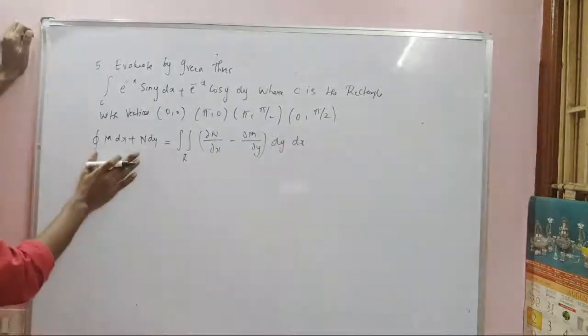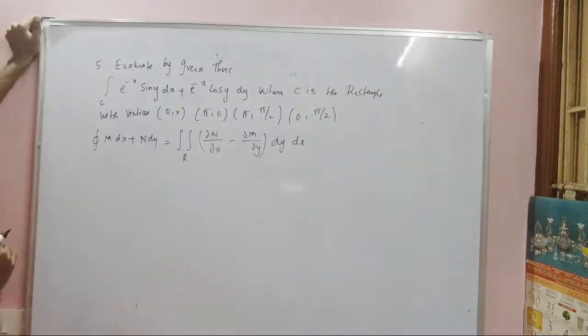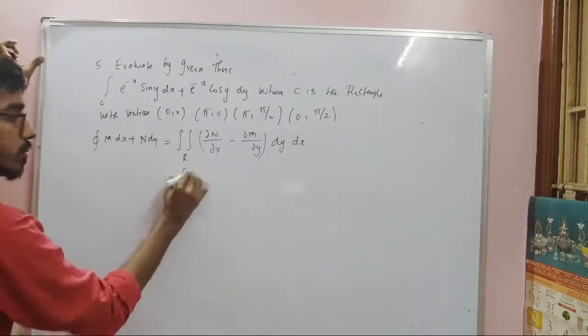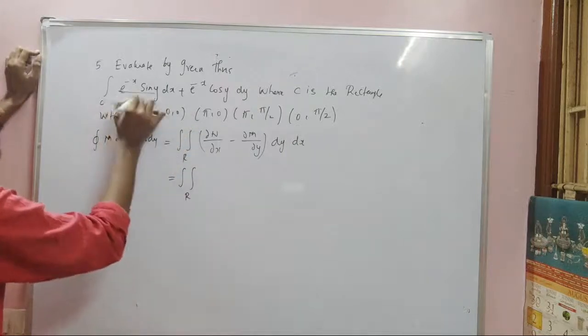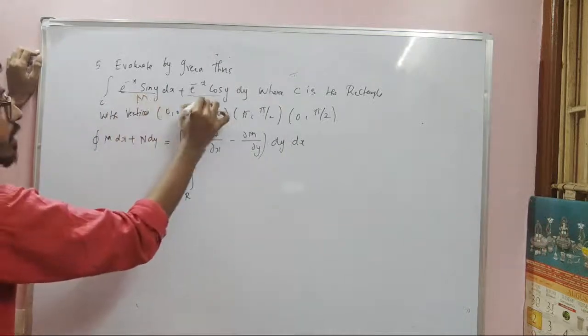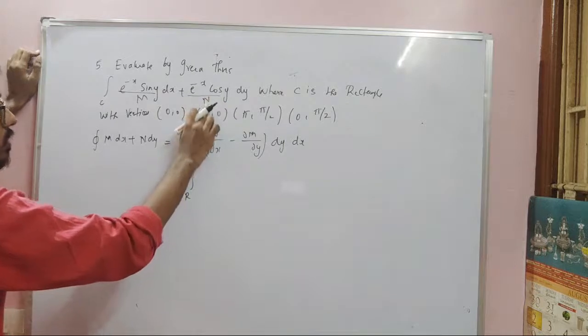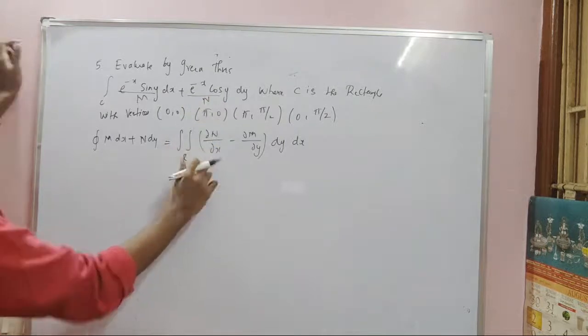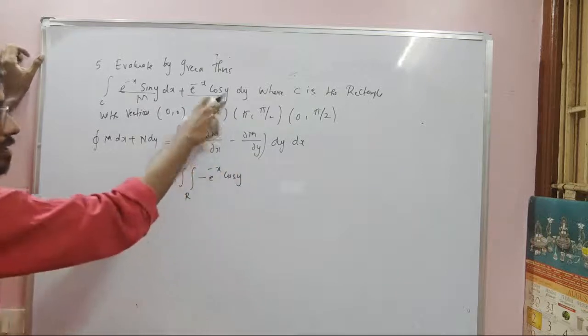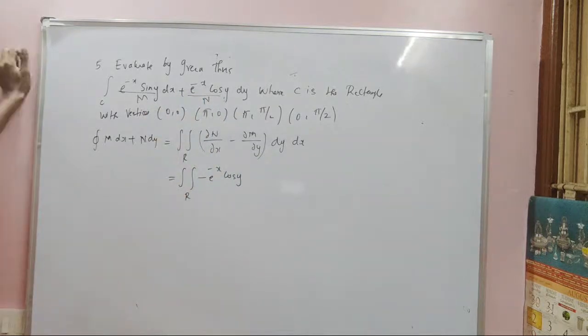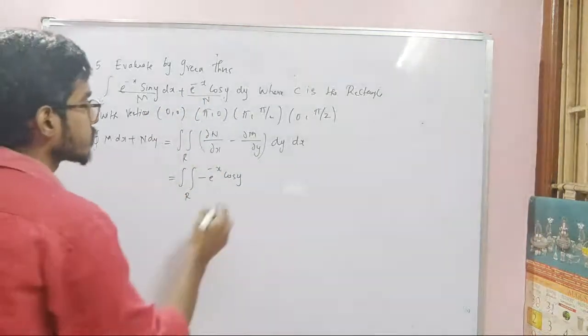In order to find this, it is enough to find the double integral over R of dou N by dou x minus dou M by dou y. So, this is our M dx and this is our N dy. If you differentiate with respect to x, we have minus e power minus x cos y, since cos y is constant and the derivative of e power minus x is minus e power minus x.